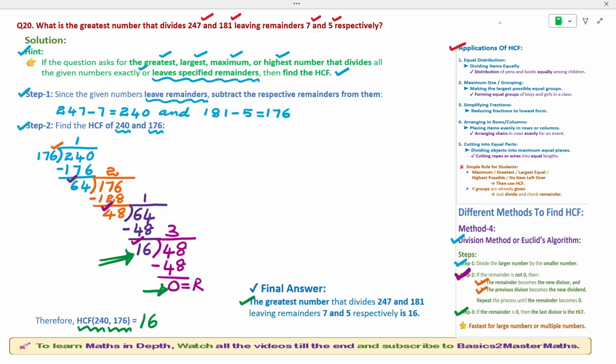So, the greatest number that divides 247 and 181, leaving remainders 7 and 5 respectively, is 16.